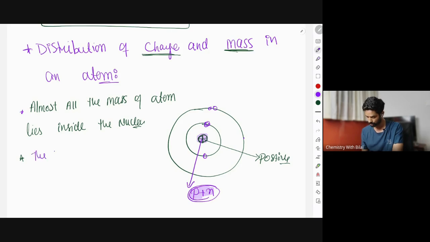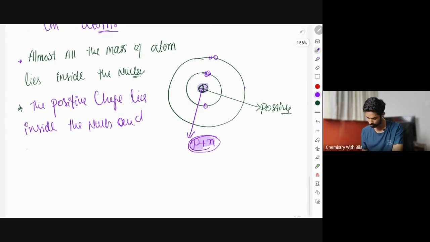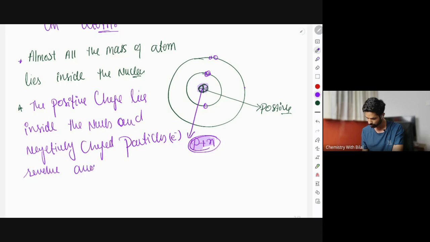So the positive charge lies inside the nucleus, and negatively charged particles, which are called electrons, revolve around the nucleus. Makes sense, everyone?